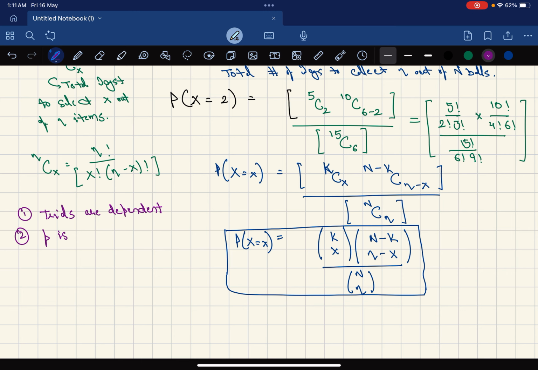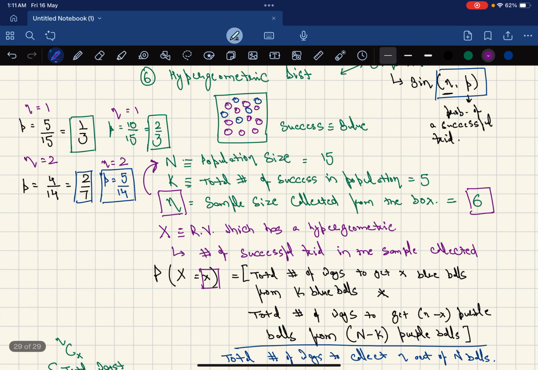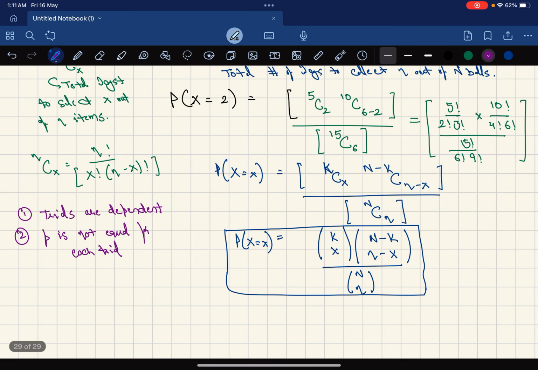And P is obviously not equal for each trial. As we saw in our first example, the probability was 1/3 and then it changed to 2/7 in the second trial for getting the same blue ball. So these are the two major differences between the binomial distribution and hypergeometric distribution.